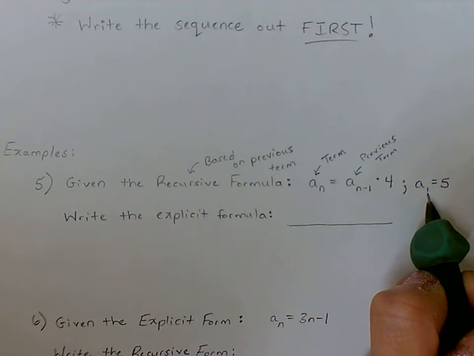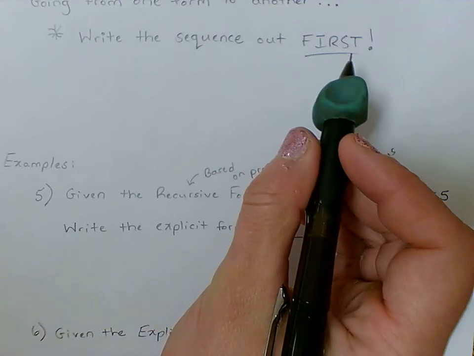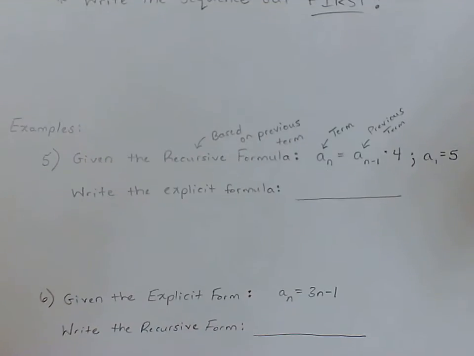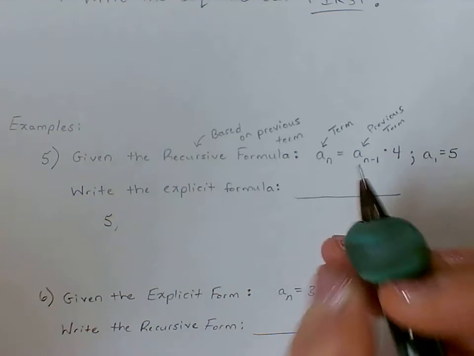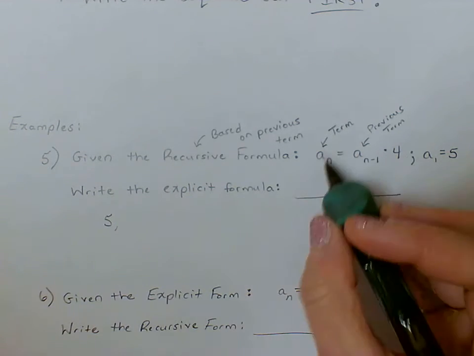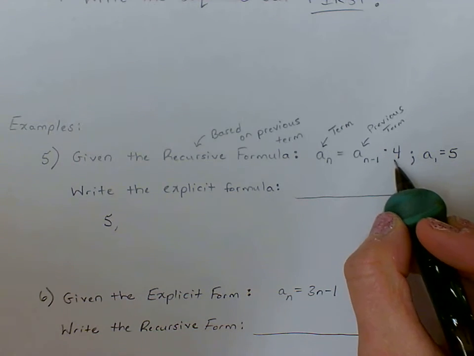We're told that the first term of my sequence is 5. Like I said, make sure you write the sequence out first. So I'm going to start with 5. That's my first term, and then I'm going to use what this tells me to write the rest of it out. It's telling me that I'm multiplying by 4.